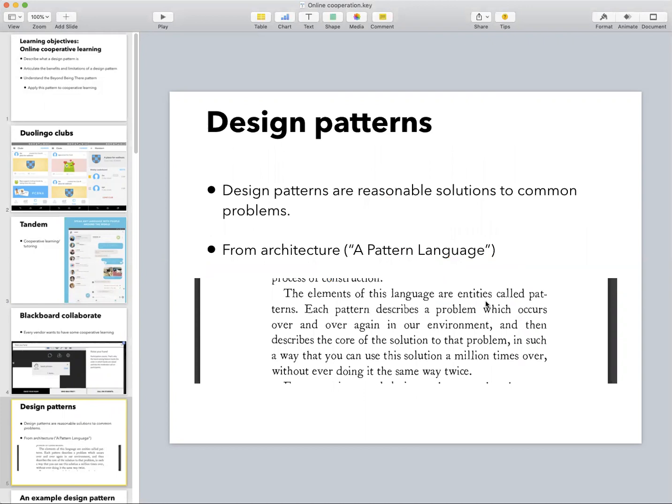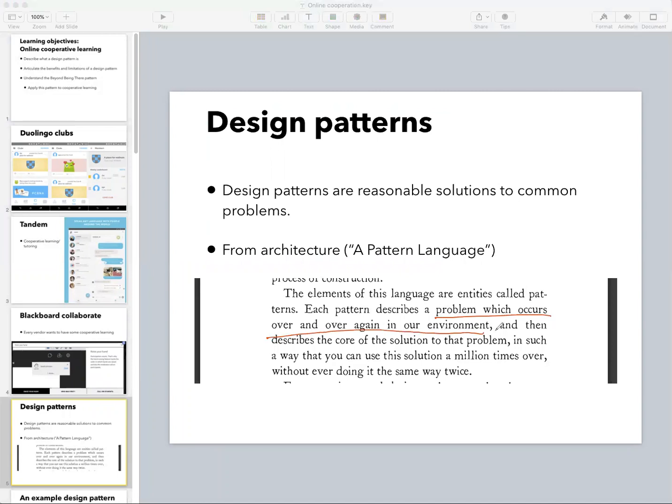What it describes is this idea that there are certain problems which occur over and over again in our built environment. And these frequent problems have common ways of solving them.